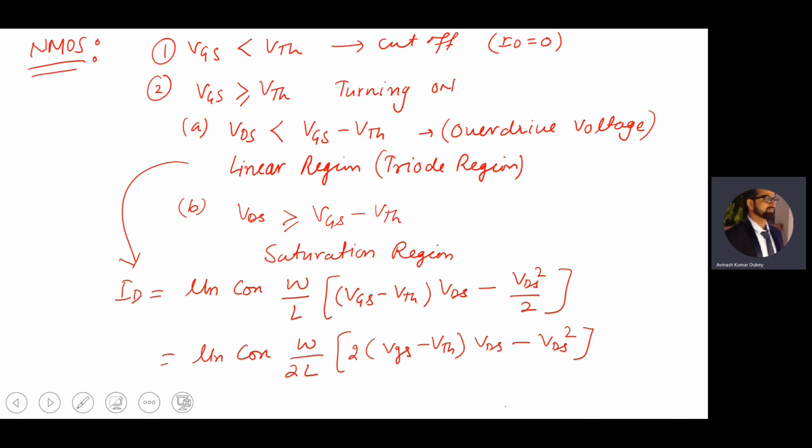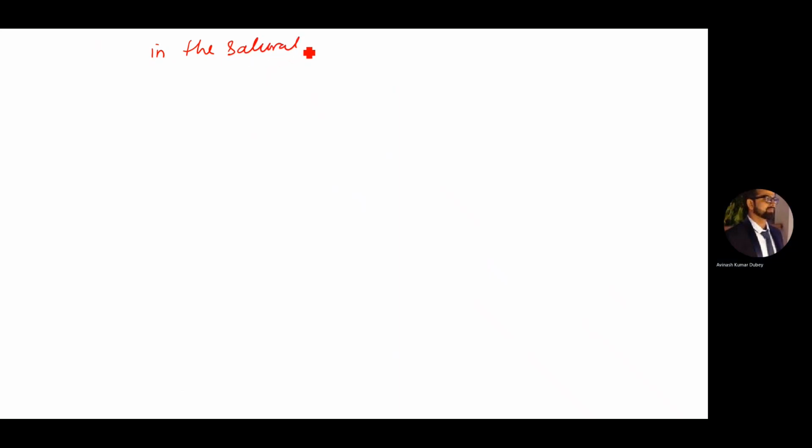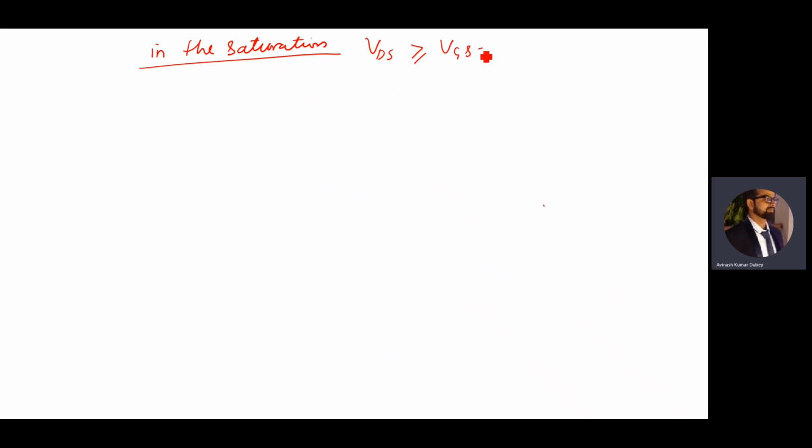Similarly, in the saturation region, we consider VDS greater than or equal to VGS minus VTH, the overdrive voltage.